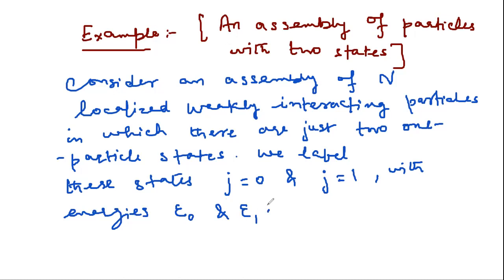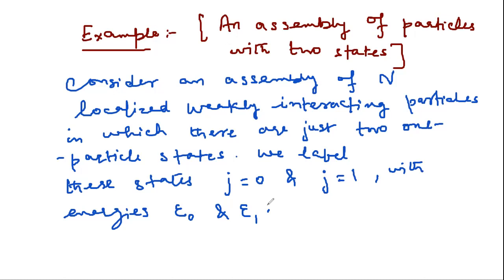So I have an assembly of particles with two states. N, capital N, is the total number of the particles in the system, and we are assuming the particles are localized and they are weakly interacting. And there are just two one particle states available. That means each particle in the assembly has only two states in which it can exist.